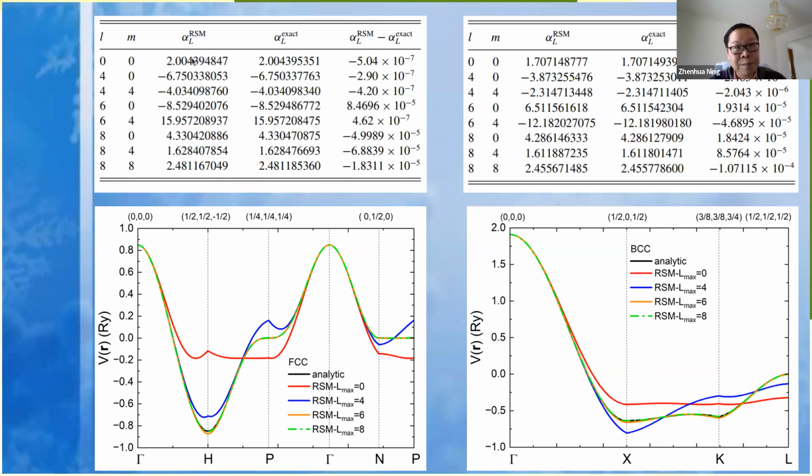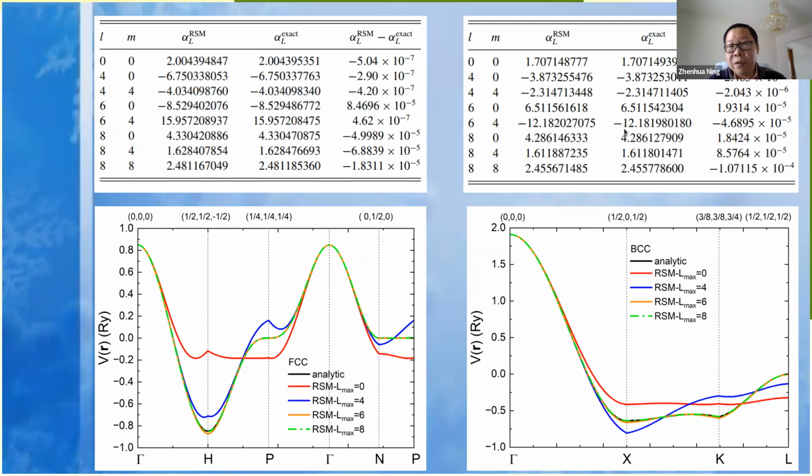We can see that the removed sphere method result has a very small deviation from the exact value. And the old method has a big deviation for the M0 M0 term. Now it has a 10 to the -7 deviation. So this method solved that problem.